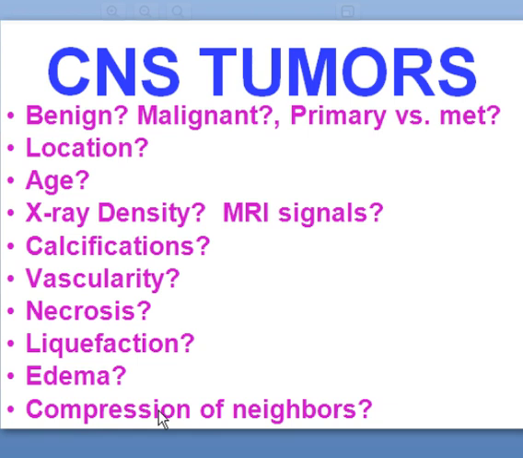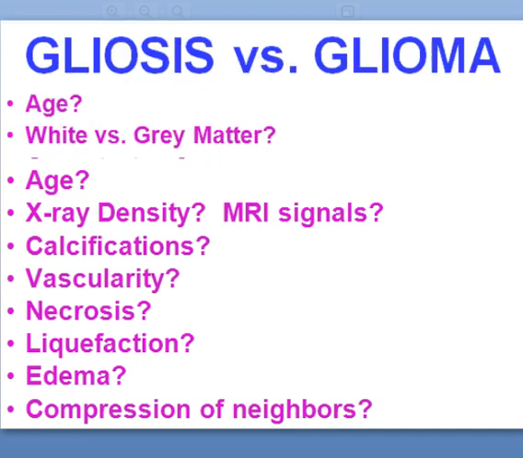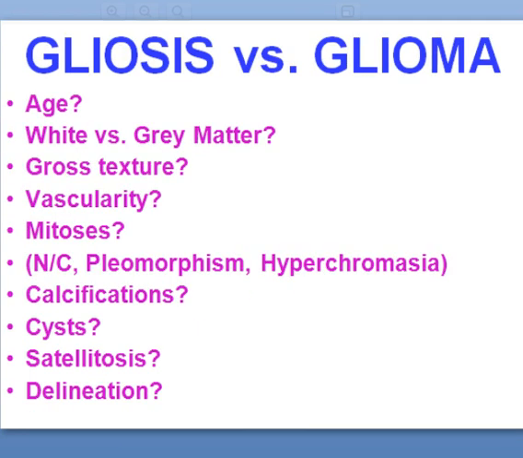So do you remember I told you that most brain tumors are tumors of glial cells? Do you also remember I told you that almost any type of brain injury could result in gliosis?